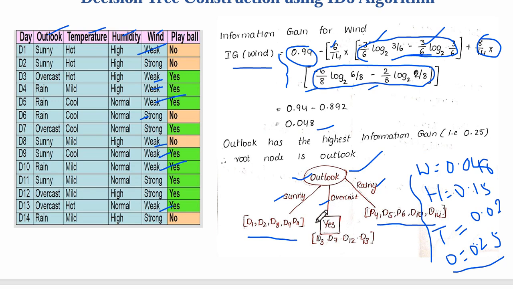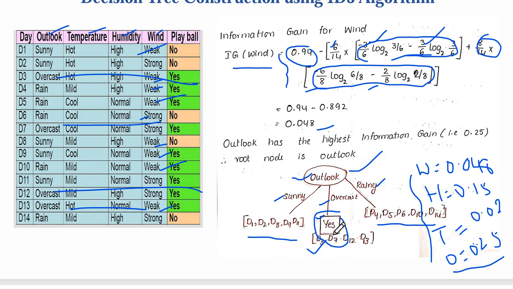So why am I defining the class as yes here? Let's see, outlook equal to overcast: yes, yes, yes, yes. That means if outlook equals overcast, those records belong to the yes class. That's why I directly made the class name yes.